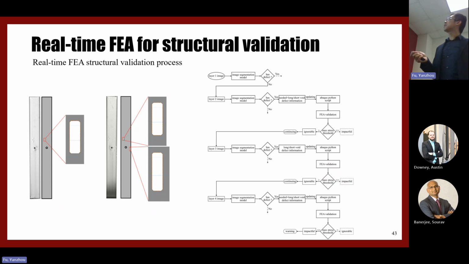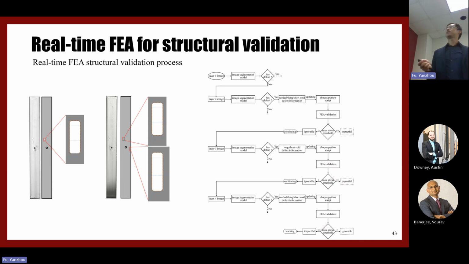And here is the real-time FEA structural validation process. The first layer comes in, and there is no defect because we printed the first layer in the horizontal direction, so there are no bonding gaps across that layer, and it's good quality. Then it goes to the second layer, and on the second layer there is a defect here, and also some long and short voids, and all this information was used to update the Abaqus script.